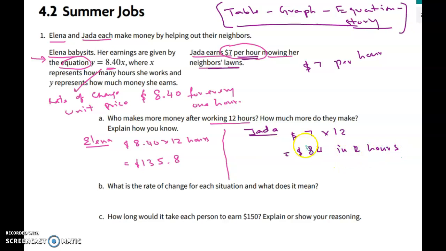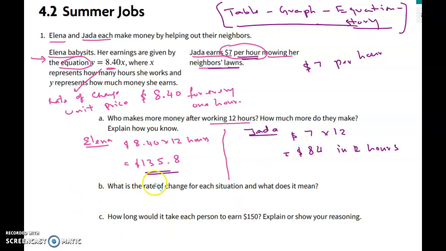So obviously you can look at these two and tell who was making more money in 12 hours. We can see Elena is making more money because she makes $8.40 per hour, but Jenna makes only $7 per hour.